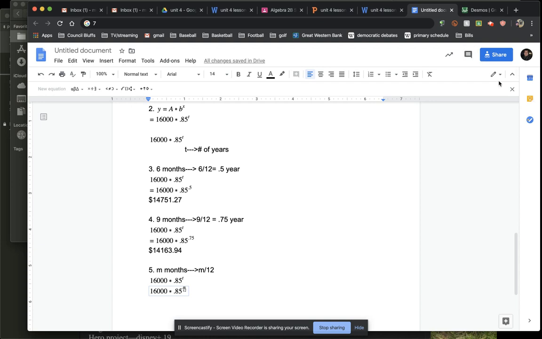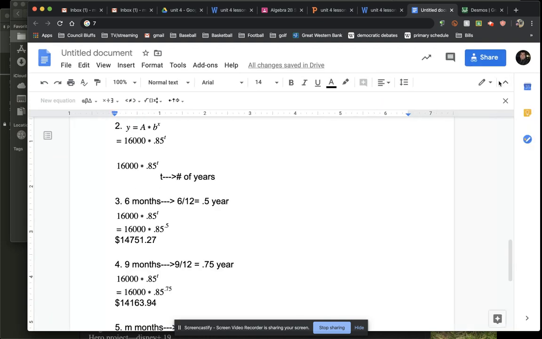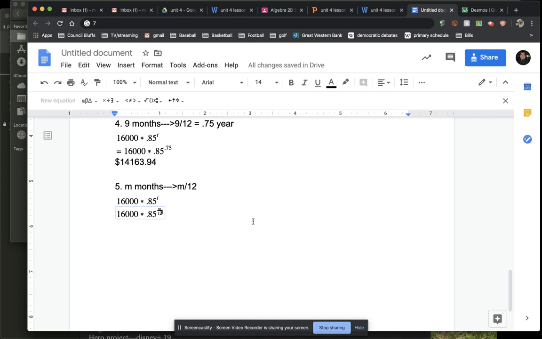Let me zoom in so you can get a better view of that. If I change that to m over 12, where m is now the number of months instead of number of years, I can now calculate it for any number of months.